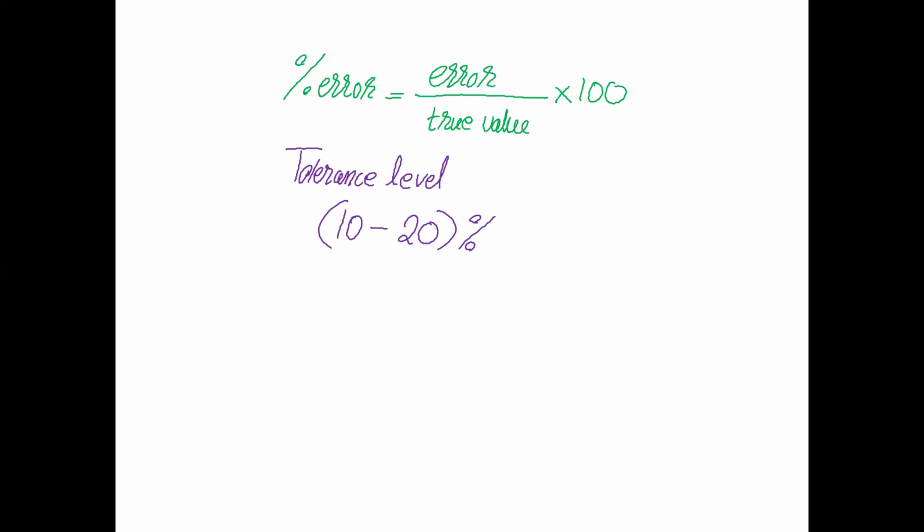There is a tolerance level within which accuracy or error is acceptable. For example, percentage error is equal to error upon true value. So we have a tolerance level of around 10 to 20% in which the system considers it accurate. 100% accuracy is obviously not possible in a lab.